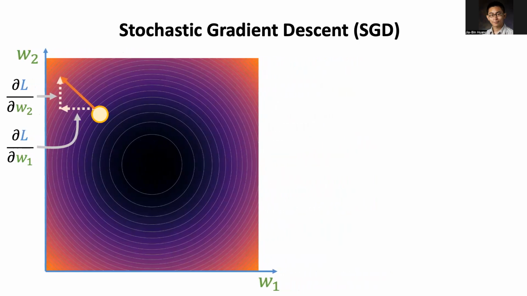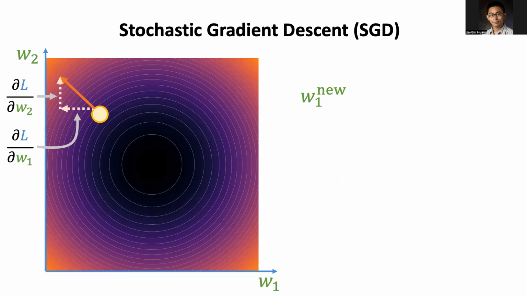Okay, so far so good. All right, so now how do I update my weights? That's my initial parameters. What I want to do is define the new weights, and I want to update this.